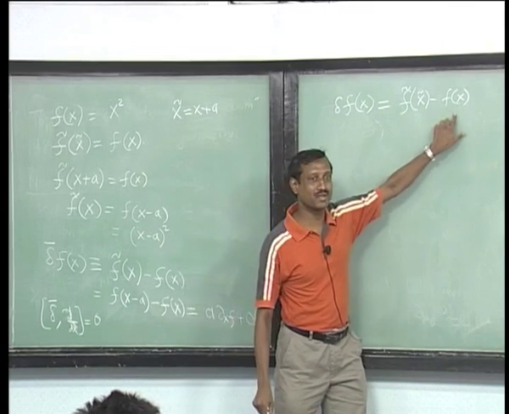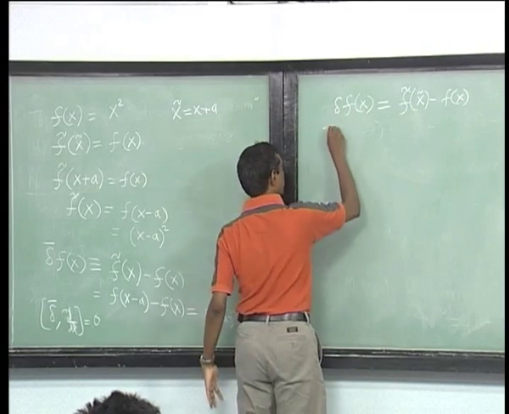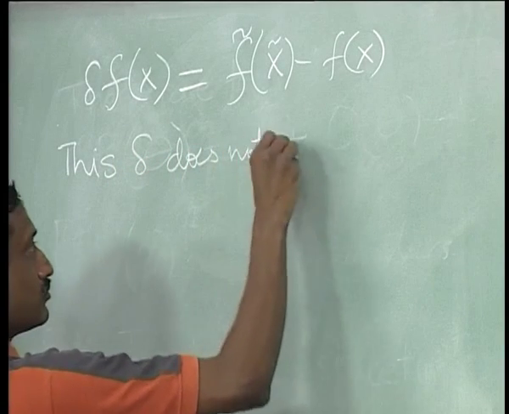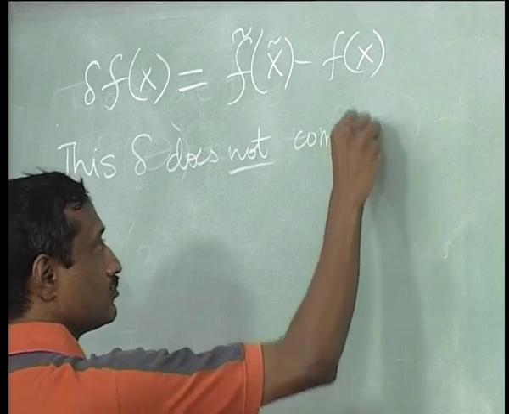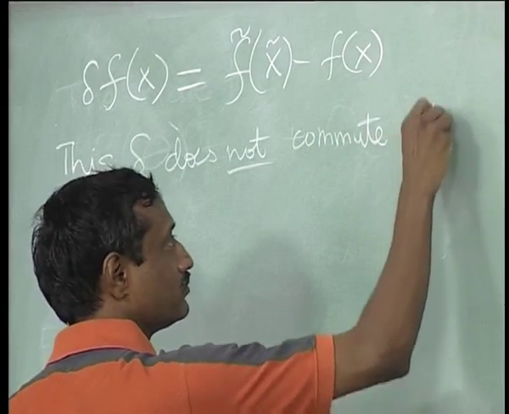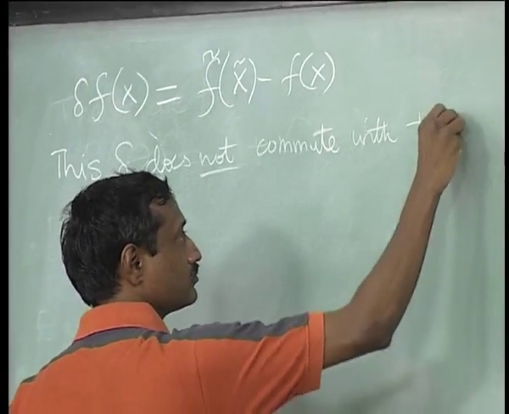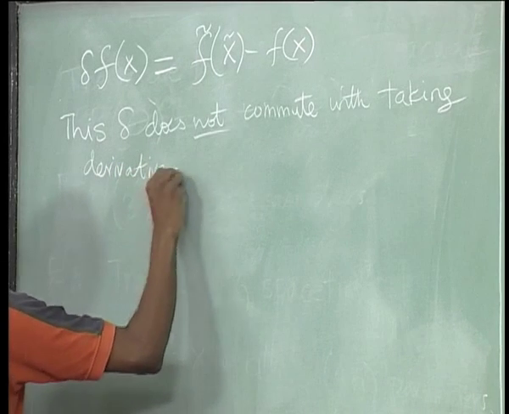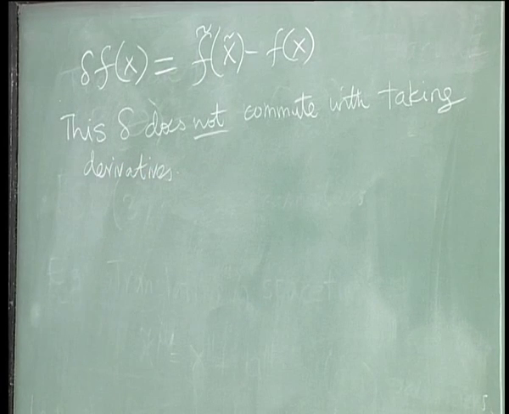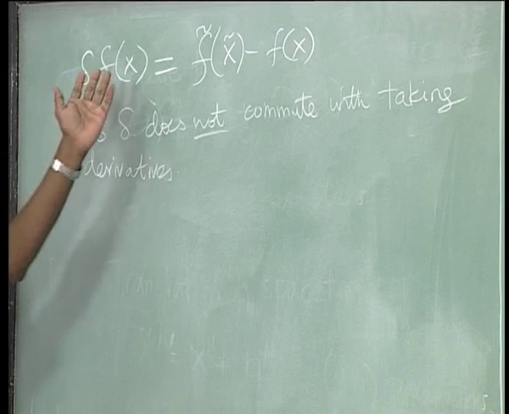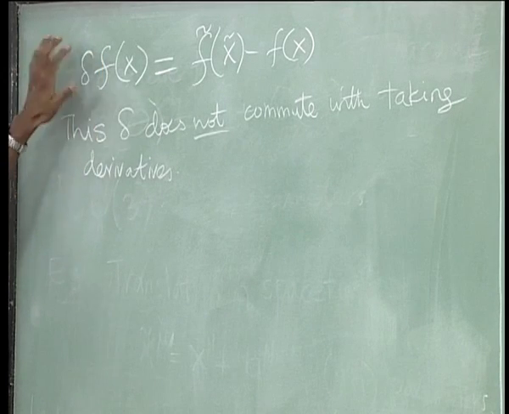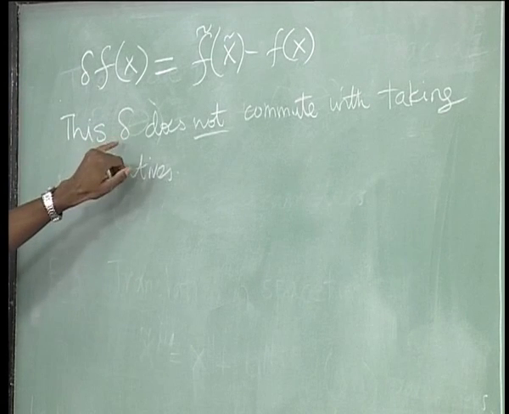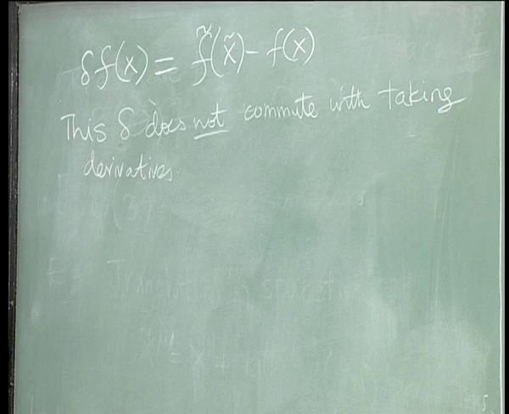So, it messes with derivatives. Okay. So, you may say why should we even look at such a thing, but you will see that it is natural in some instances, you will quickly write something like this, but you should remember that whatever this delta is, it will not commute with this thing.